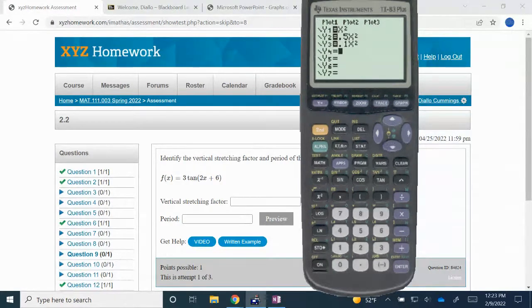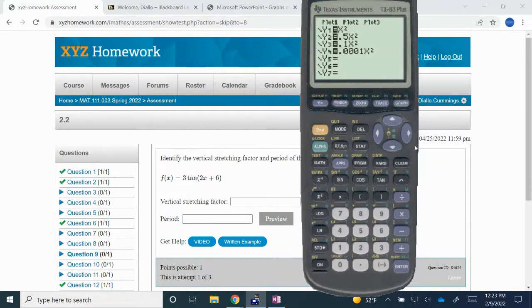Let's say I put in 0.0001 x squared, an even smaller number. Well, that may be too small. I think it's actually laying on the x-axis.